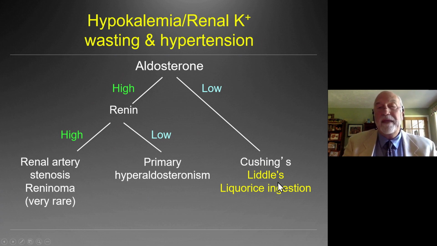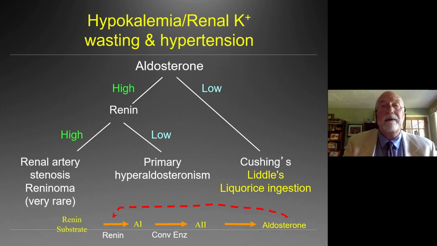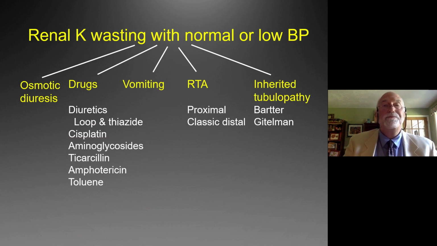And then a variety of things mimic this but don't elevate aldosterone, such as activating mutations in the epithelial sodium channel, Cushing's syndrome, and other disorders that affect cortisol metabolism. This is that pathway that I showed you previously, where normally a high aldo will suppress renin. And if you have exogenous aldo production, you will see that with primary hyperaldosteronism.